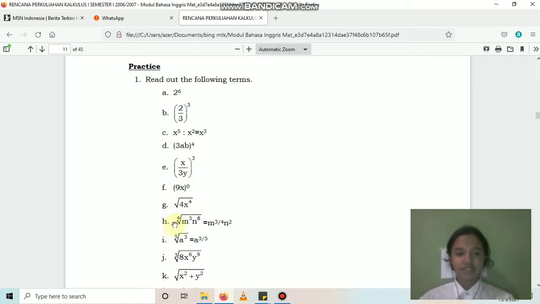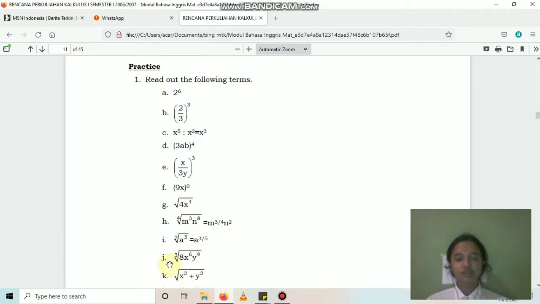Next, the power of 4 of m cubed times n the power of 8 equals m the power of 3/4 times n squared. Next, the power of 5 of a cubed equals a the power of 3/5.